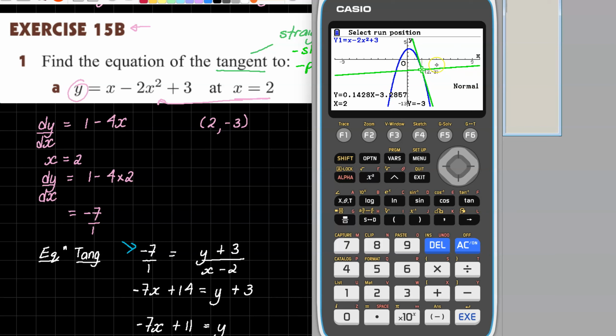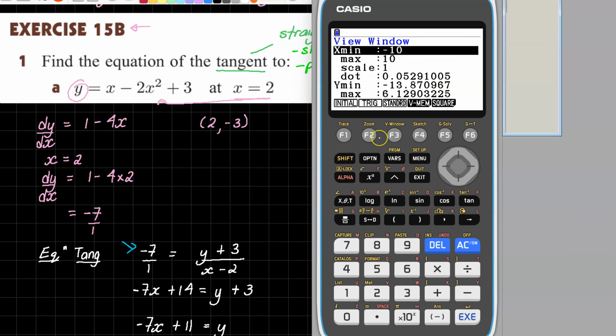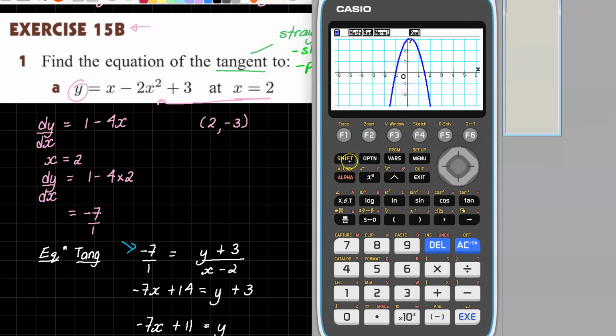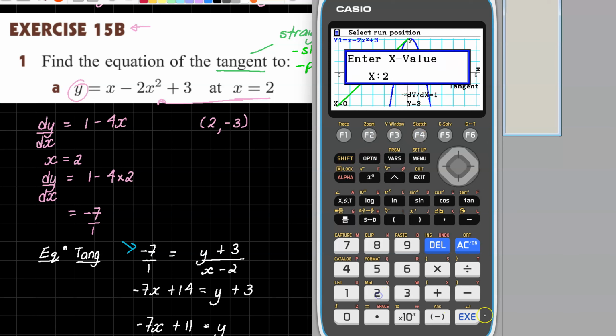Back to why does it not look like it's 90 degrees? Because of your scale. Now, if you wanted to, you can go Shift, View Window, and if Initial, that makes things in proportion. But then you have to do it again. I really don't bother. I'll just show you.